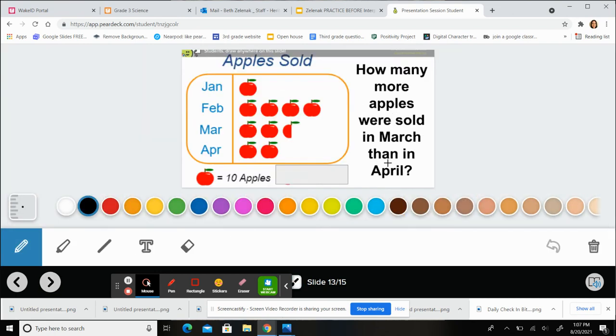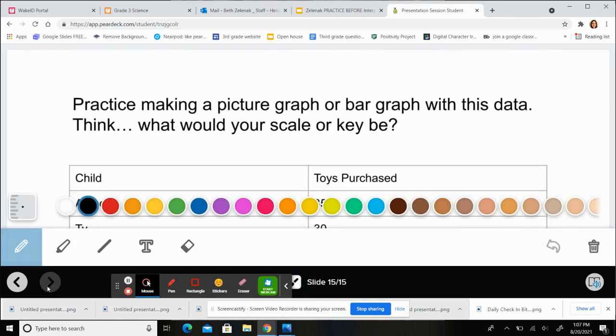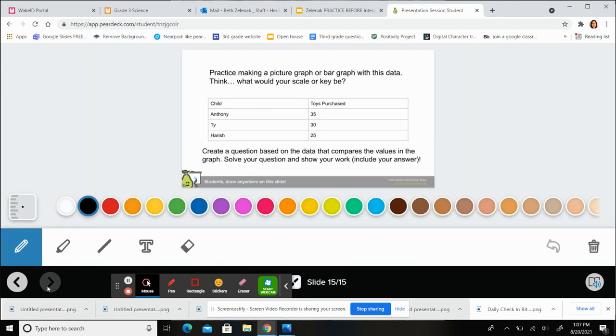How many more than? I know I have to subtract. And then this one asks you how many were sold in all of these months. So I would have to pay attention to March, February, and April, and I would have to add all of those together. I hope these tips are helpful to you.